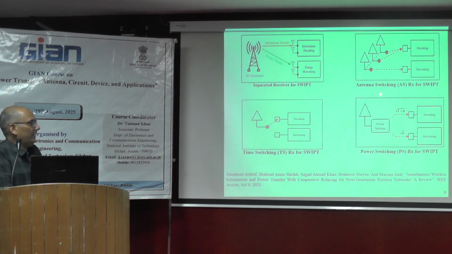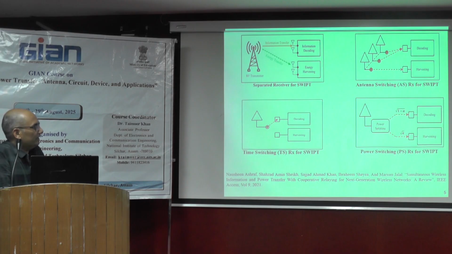Here you can see three different cases: antenna switching, time switching, as well as power switching. The same concept comes to the receiver side, where two different kinds of decoding take place. One is information decoding, the second is energy decoding or harvested energy decoding, and this goes to the power supply unit of the receiver, and this goes for information processing.